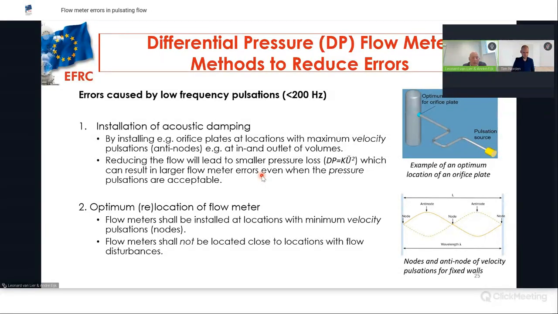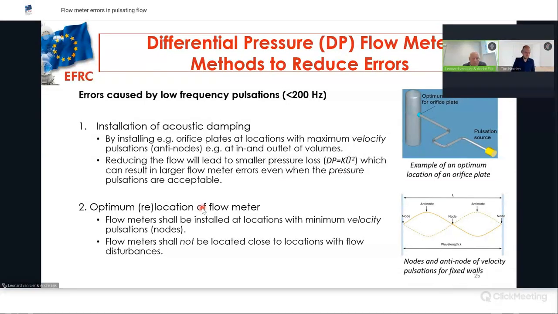You shall keep in mind that if you reduce the flow by unloading the compressor, for instance, it will lead to a smaller pressure drop, and that can result in larger flow meter error, even when the pressure pulsations are acceptable. Leonard also already explained it in his presentation.